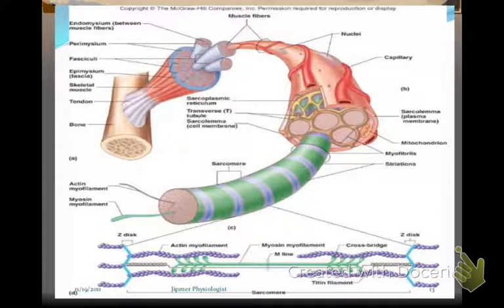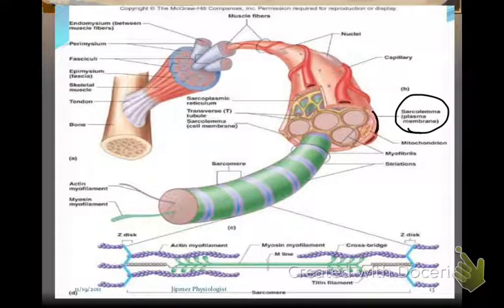Okay, so this picture is just another diagram showing you the gross anatomy of a muscle connected to a bone by a tendon, and then pulling out the little fascicles wrapped with the white perimysium, and then pulling out an individual muscle fiber. And it shows you here on this muscle fiber, here is the plasma membrane, the sarcolemma.